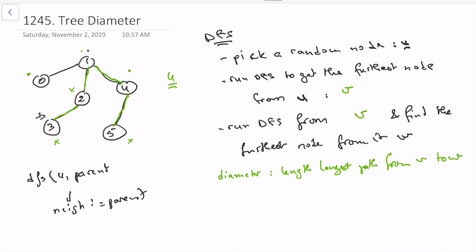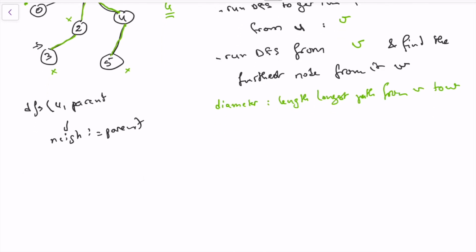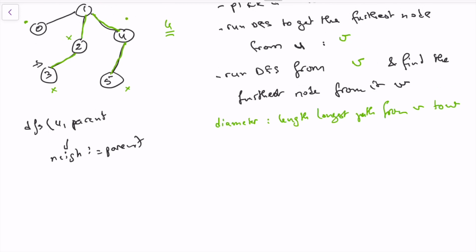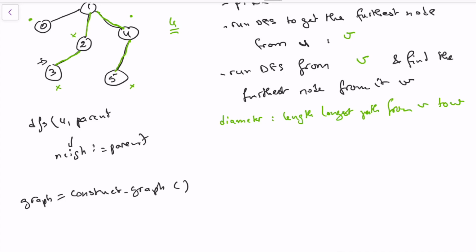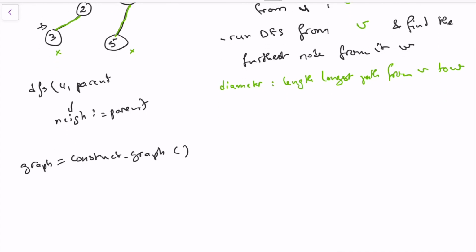And so this is the general template. First we get a list of edges, so first we need to construct the graph. Of course, it's an undirected graph here. I will do that in detail later. Once we have the graph, we can start the DFS.